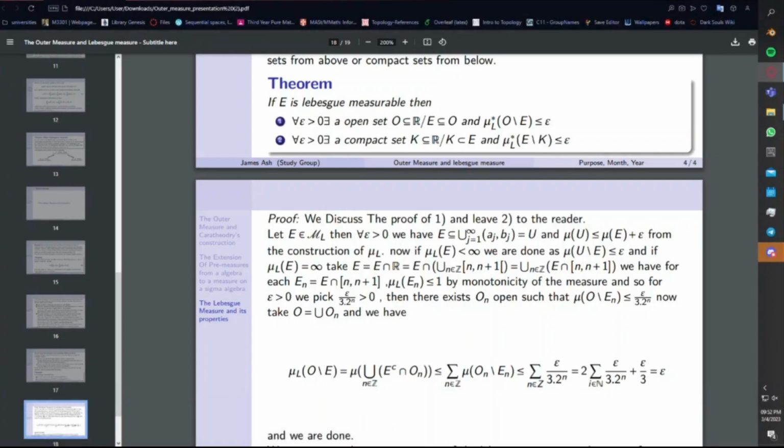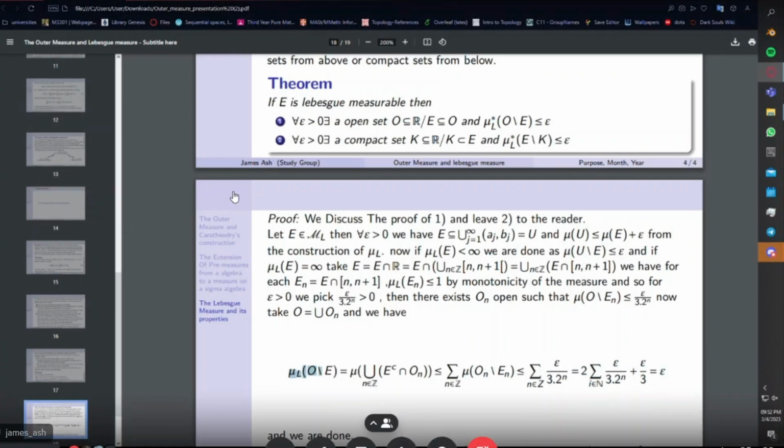It's epsilon over 3 times 2 to the n, and just technical, here we have n in Z. So, this is supposed to be n, not i, and it's 2 times the sum over n in N of epsilon over 3. So summing these up, we get that they're less than epsilon, and this is exactly what we're trying to look for.